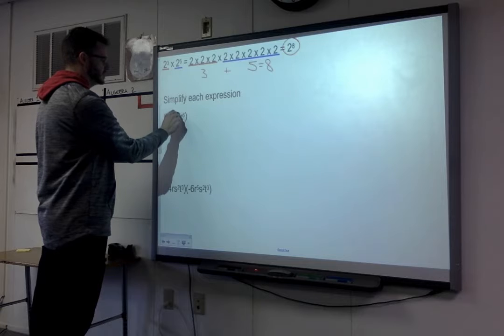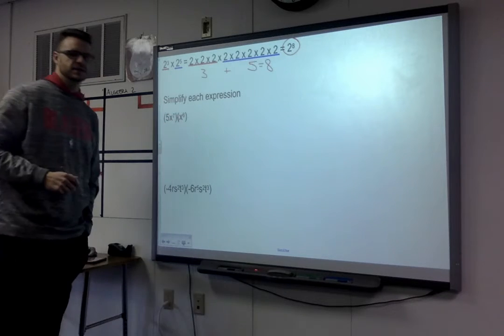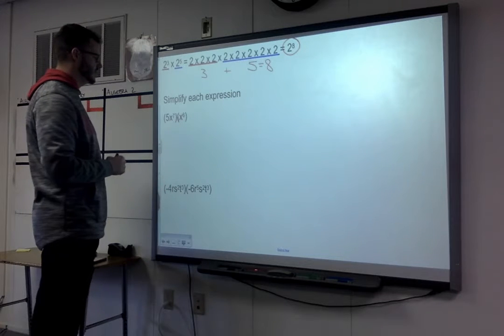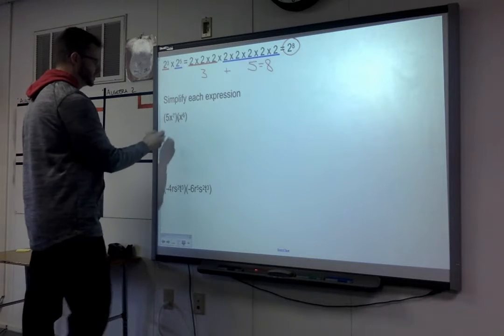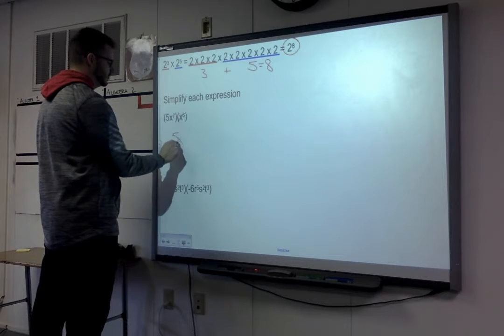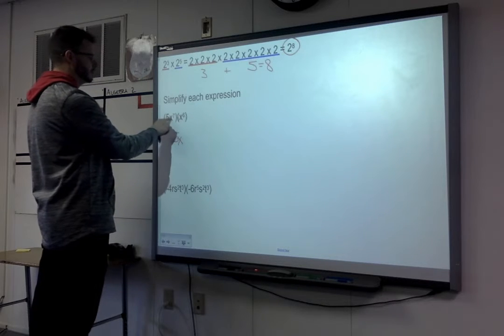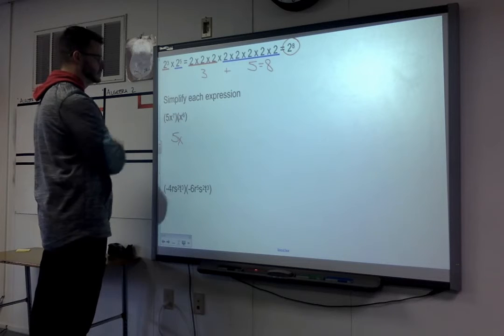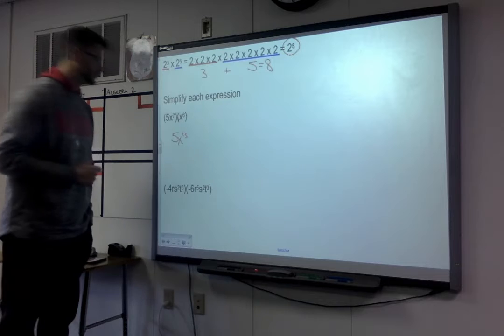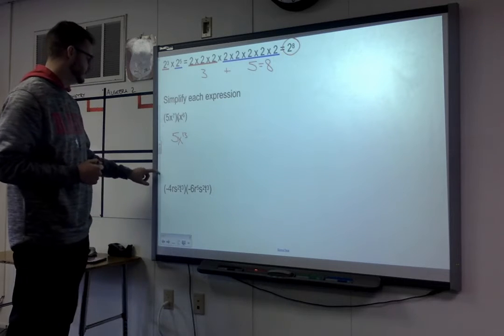If there's no coefficient there, then it becomes a 1. So 5 times 1 is 5. Then since we're multiplying x to the 7th times x to the 6th, we would add our powers, and that becomes x to the 13th power.